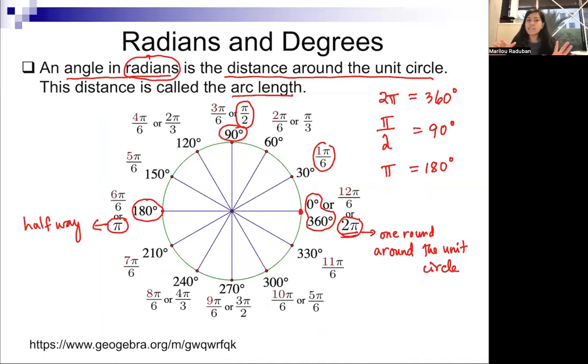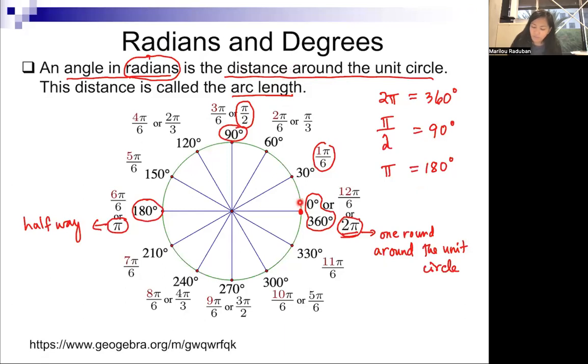Okay, so I guess the key takeaway from this slide is that by looking at the motion of the object around the unit circle, you can measure the distance traveled by the oscillating object, and the distance is related to the arc length measured in radians.